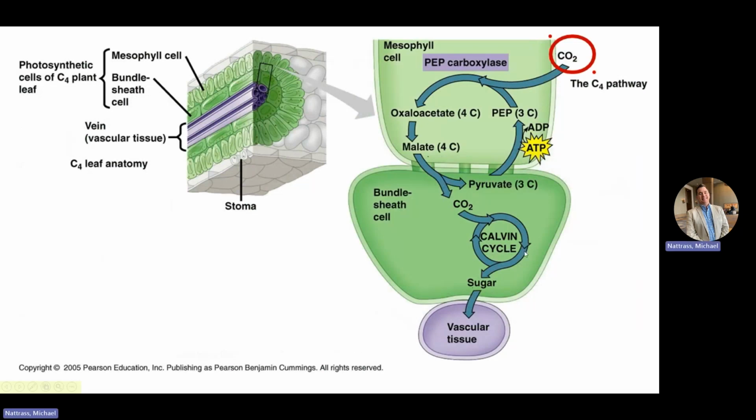3-PGA is then reduced to G3P by what two intermediary molecules do we need from the light reactions in order to make this happen? Right, we need ATP and NADPH. That is going to form our G3P molecule that will then be converted into glucose.